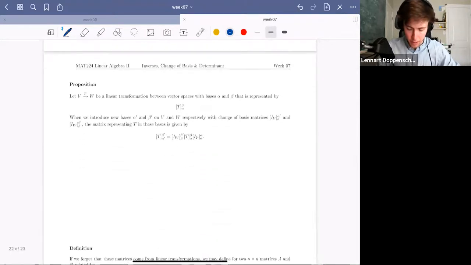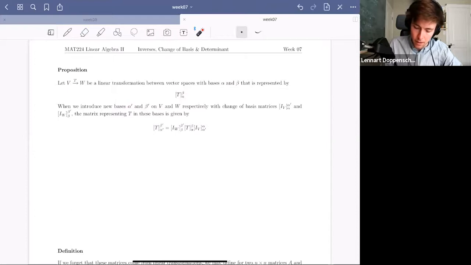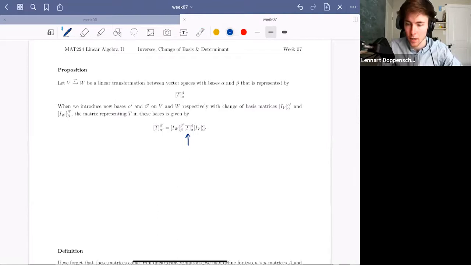All right, so the last proposition that we couldn't cover last time looks at what happens to transformations when we change the basis of the domain and the codomain. It turns out that if you have a transformation and you consider the bases alpha and beta for the domain and the codomain, and you compute its matrix as we've had before, and then you change your mind, and you want to change the bases to alpha prime and beta prime on V and W respectively, then the matrix of the transformation in the old bases alpha and beta is sandwiched with both change of basis matrices.